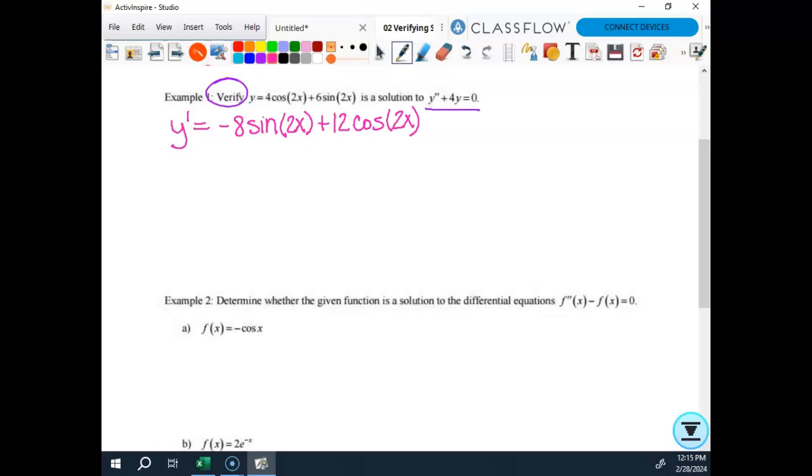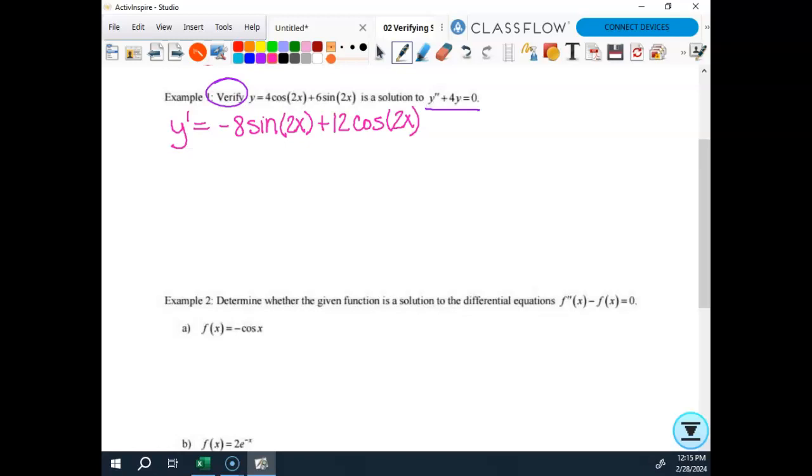Chain rule. You have a function inside of a function. So the derivative of cosine is negative sine, and then I have to take the derivative of 2x, which is 2. That's what I multiplied by that 4. Now, if yours didn't look like this in your first step, that's fine, but what you have should be the same as this or get you to this point.